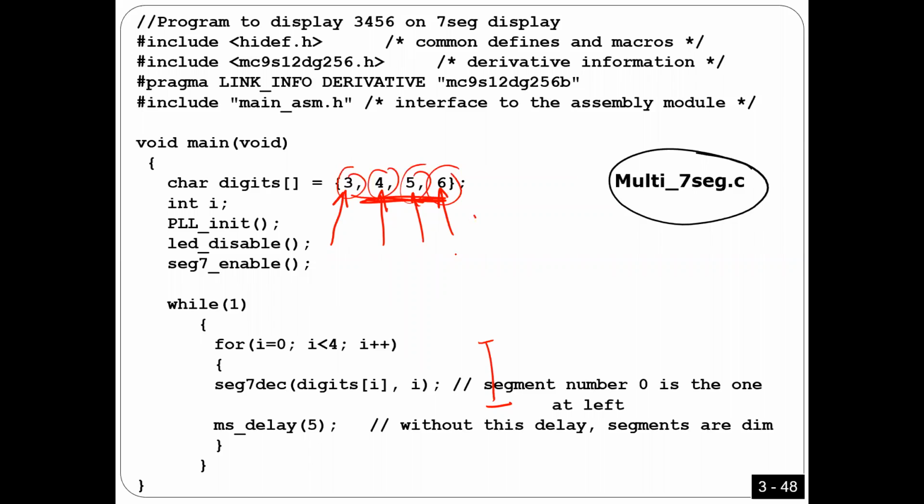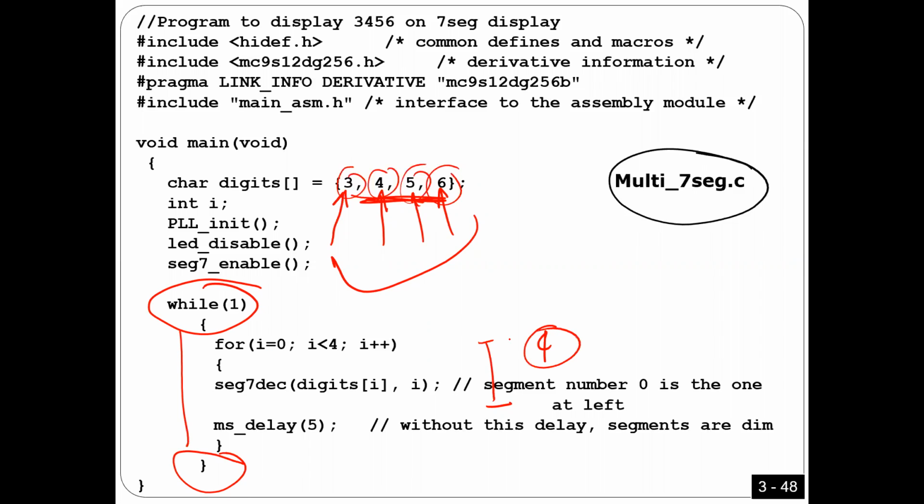After four times, I repeat again. That's why I have an infinite loop here. Inside the infinite loop, I loop 4 times, 4 iterations. In every iteration, I display only one number. Is that okay? I'm going to show you how it works.